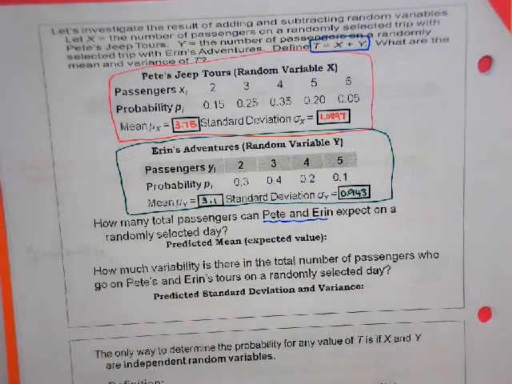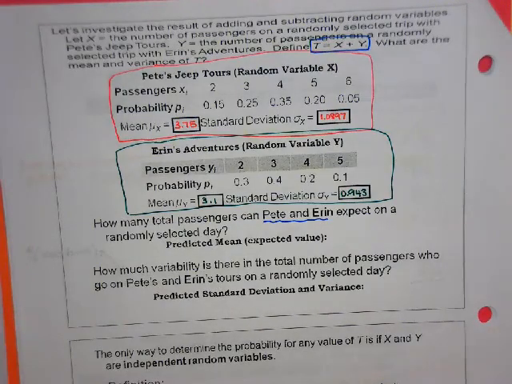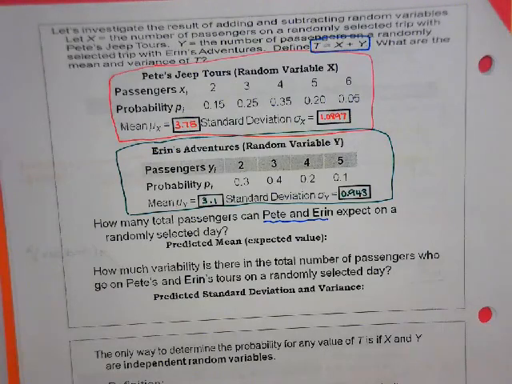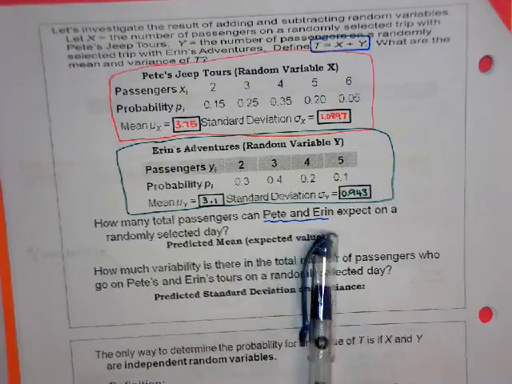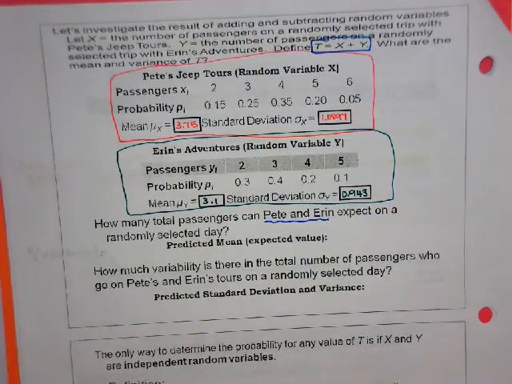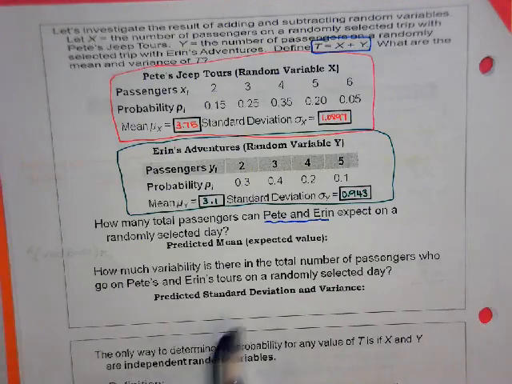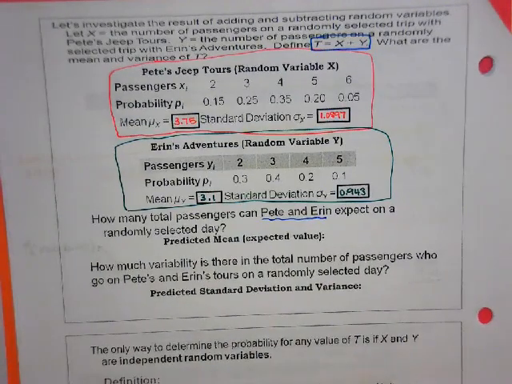I want you to take about 30 seconds, talk at your table. What do your table mates and you expect the expected value for Pete and Aaron together? And what do you think the expected standard deviation is going to be? 30 seconds, talk with your neighbors.